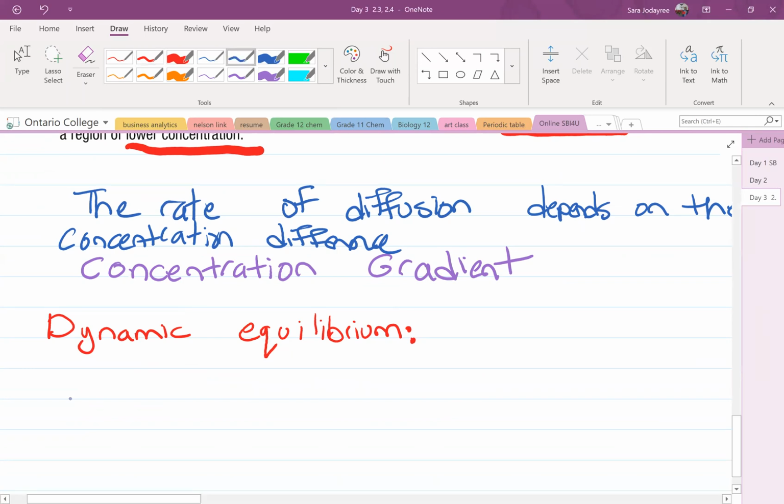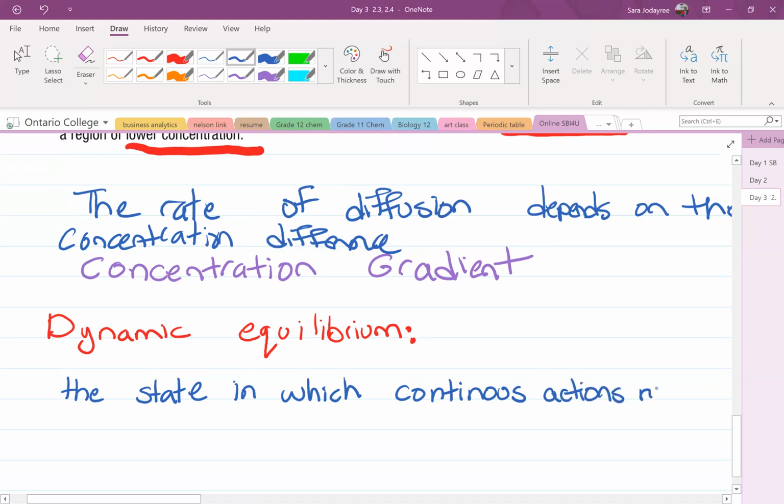It is the state in which continuous action results in a balanced condition.